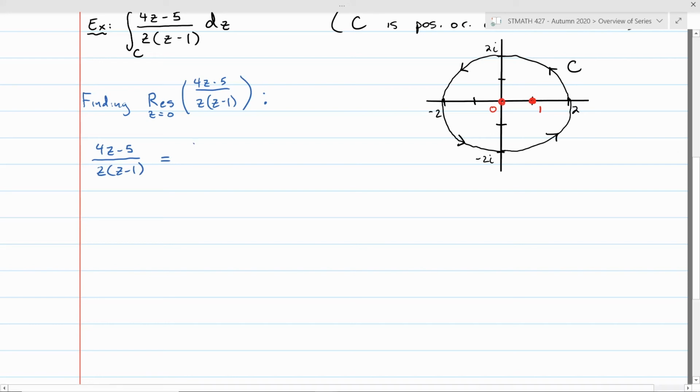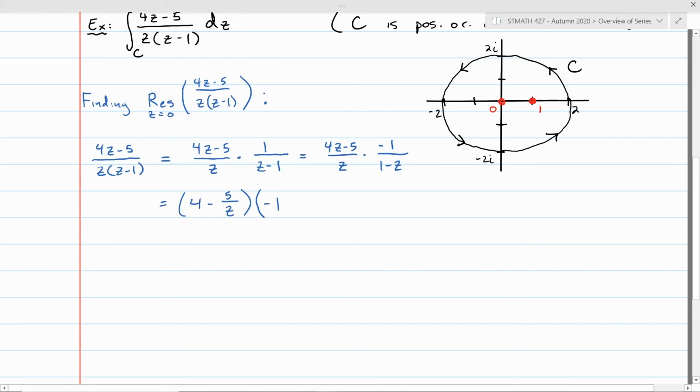Well, we could take the 4z minus 5 part and put that over z, and then we'd have 1 over z minus 1, and that 1 over z minus 1 reminds me of the geometric series, so I'm going to manipulate that part so that it looks exactly like a geometric series sum. So I'd want to write it as negative 1 over 1 minus z. And then that first fraction, I'll write it as 4 minus 5 over z, and then the next fraction is just the negative of the regular old geometric series.